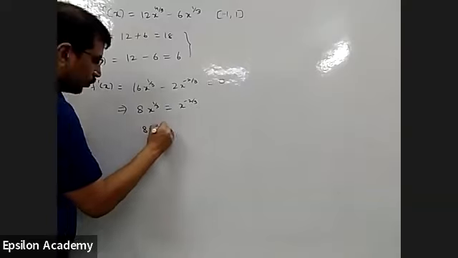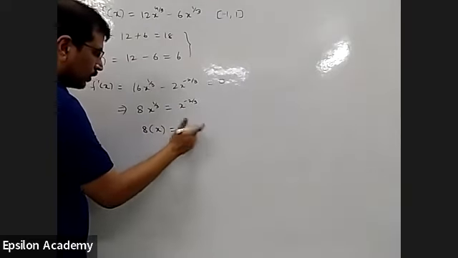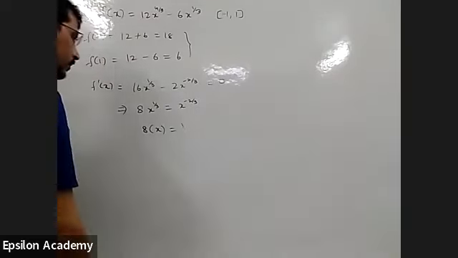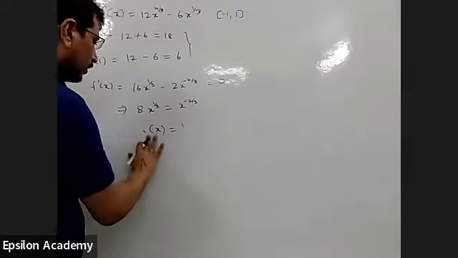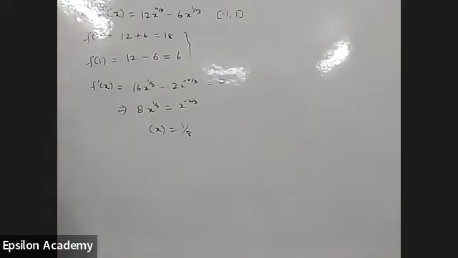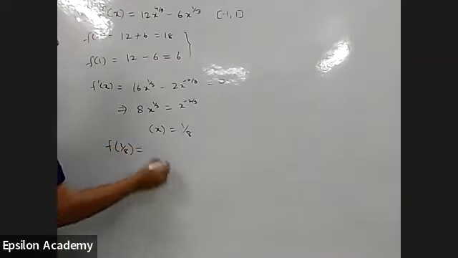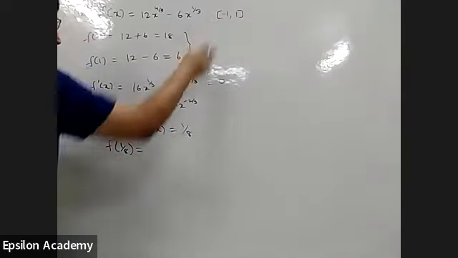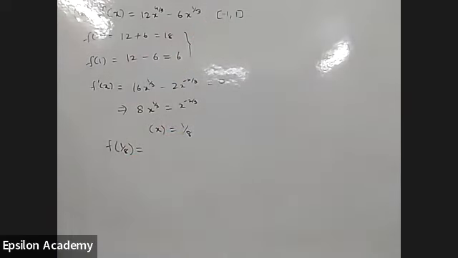So 8 into x will be equal to 1, x is 1 by 8. 1 by 8, by the way, is lying between minus 1 to 1, accepted. What is f of 1 by 8?